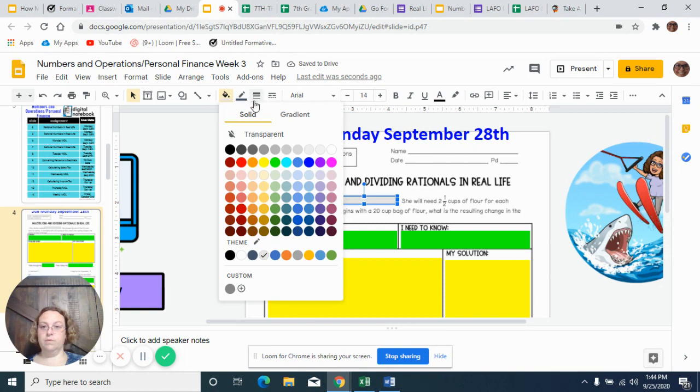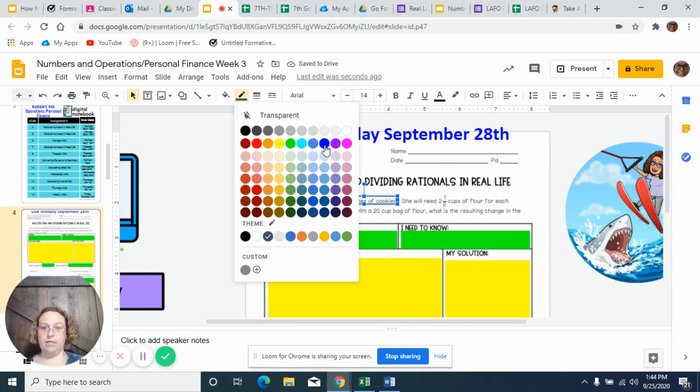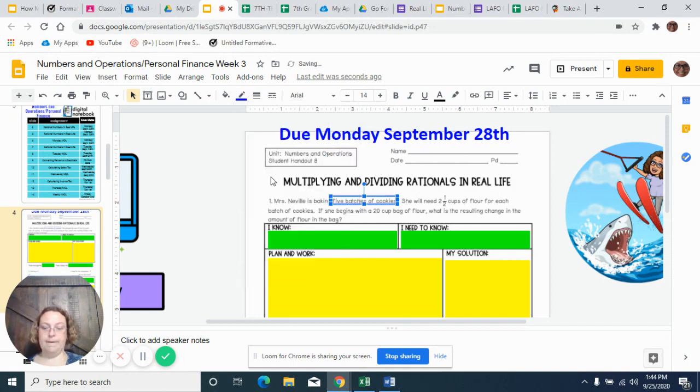And you need to be able to see that. And I want the outline to be blue. Okay? So she is baking 5 batches of cookies. She will need 2½ cups of flour for each batch.